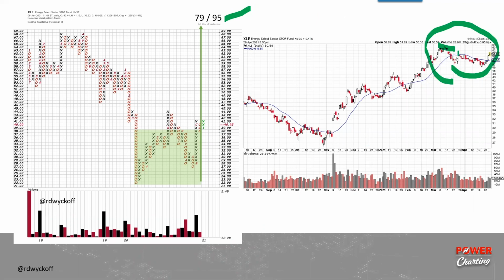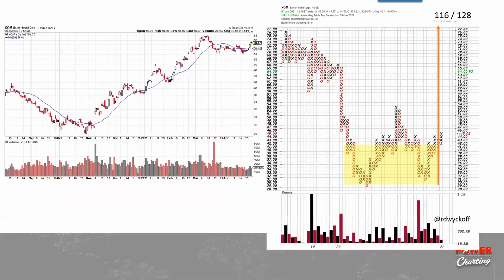You can see attempts to go down throughout this period are having reduced thrust. And that reduced thrust shows signs of accumulation here. And now all of a sudden it's attempting to turn up, work its way back up to the resistance area. And we can see that there are counts that go to much higher prices, 79 to 95 for the whole energy sector. Now, here is Exxon.